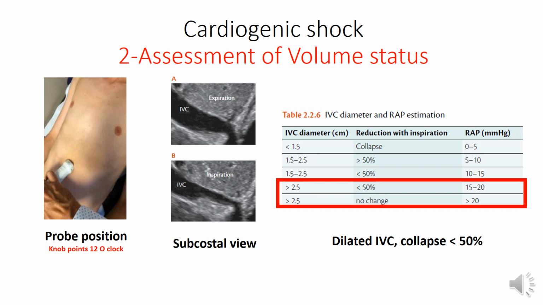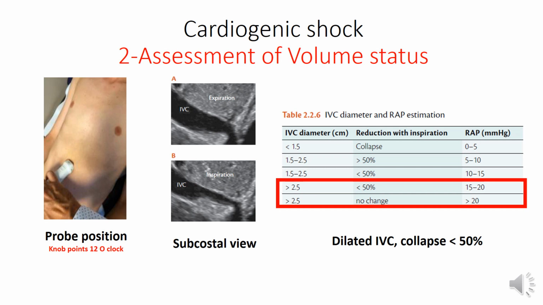Second assessment in cardiogenic shock is the volume status. This is a simple exercise done by putting the probe at the subcostal view with the knob directed at 12 o'clock facing upward. You will get some tilting to the right, the inferior vena cava. Then you measure the inferior vena cava diameter at 2 times, first at expiration and then at full inspiration.